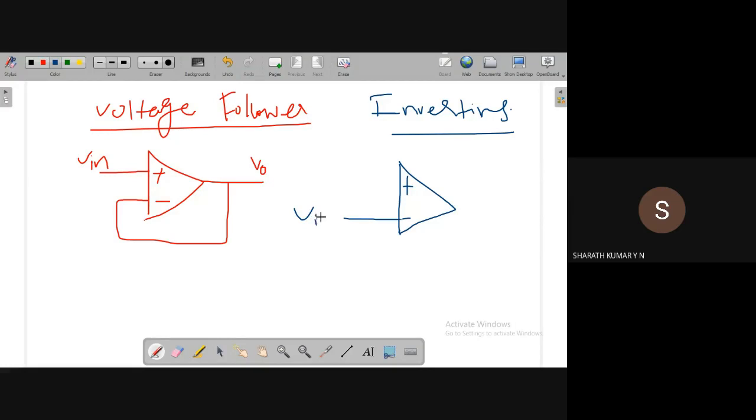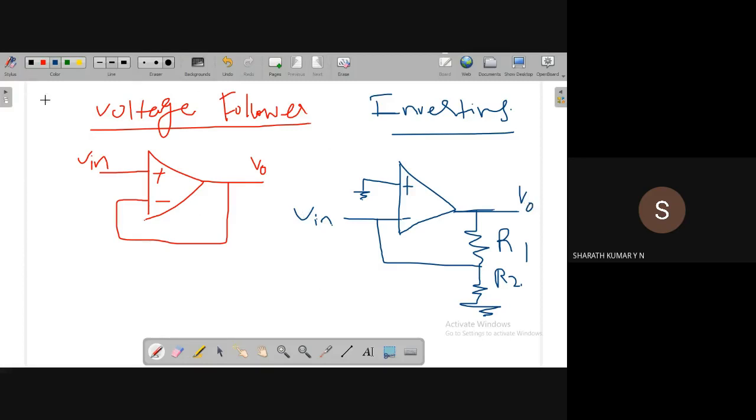The non-inverting input is connected to ground. And there is a resistor network from output to input. We can call it R1 and R2. So this is the output voltage V0.